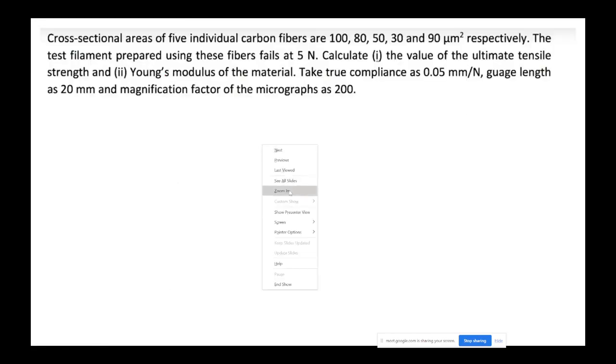So our first question is numerical. The cross-sectional areas of five individual carbon fibers are given, which are 100, 80, 50, 30, and 90 micrometer square. The test filament prepared using these fibers fails at 5 Newton.